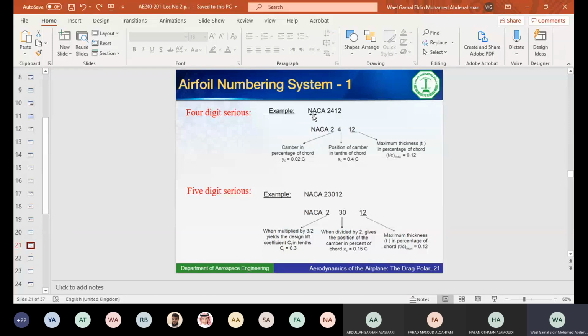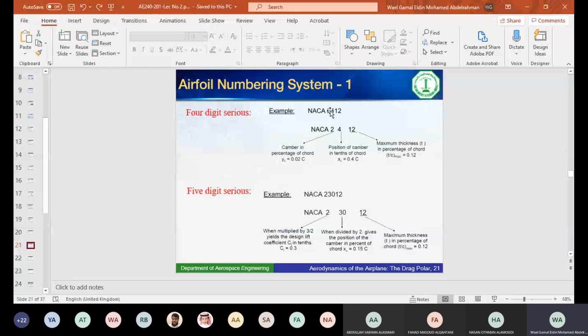When I see a NACA airfoil, 4 digits, 2412, I look at the last 2 digits and I know this is the thickness ratio of the airfoil. So these 12 tell me right away this airfoil has a thickness that's 12% of the chord. Maximum thickness is 12%. If I have a member of the same family with last 2 digits 15, I know it is a thicker airfoil. 18 means an even thicker airfoil, and so on.